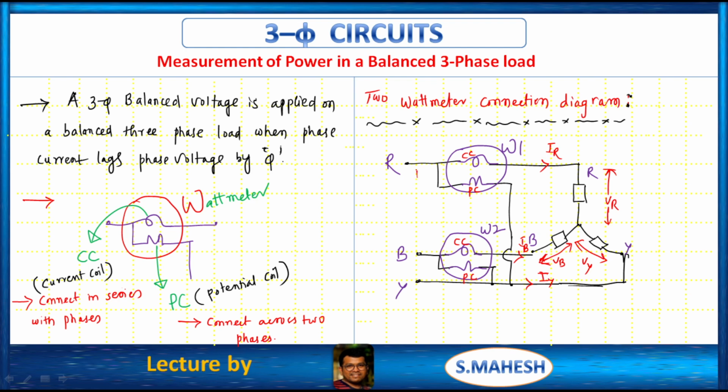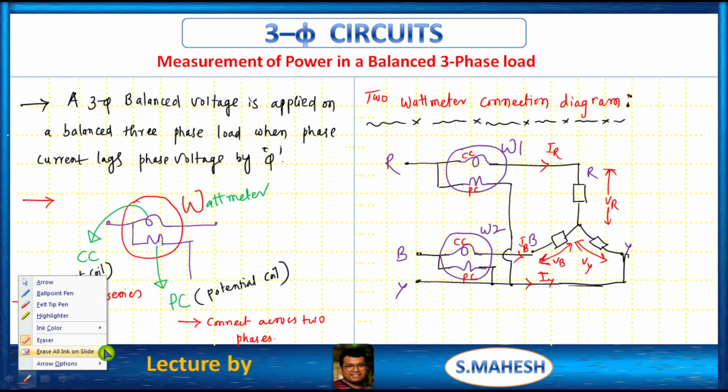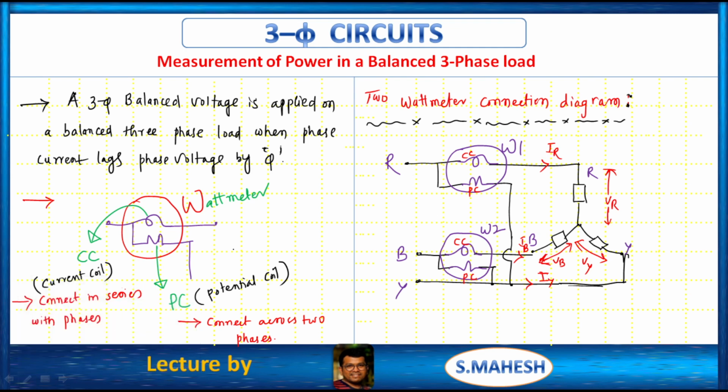And finally VRB, VB. Okay, no need. Already you know that between two lines we have line voltage. We are connecting wattmeter 1 in the R phase, and wattmeter 2 in the B phase.